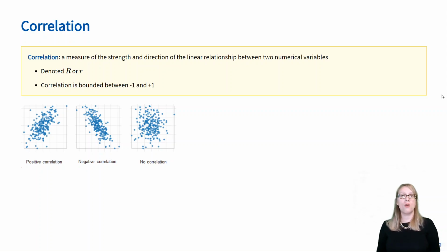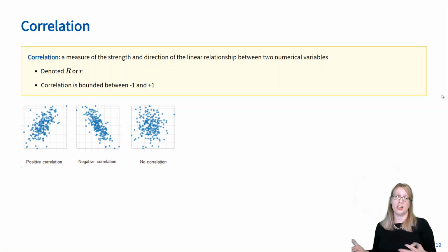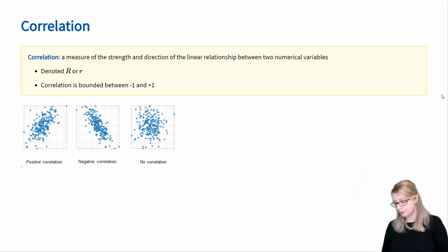So let's take a look at what different values of correlation might look like. So for example, if there is what we'll call an upward trend in the data, if as our x-axis is increasing, our y variable tends to increase as well, we'll say that there is a positive correlation. So here, correlation would in fact be greater than 0.